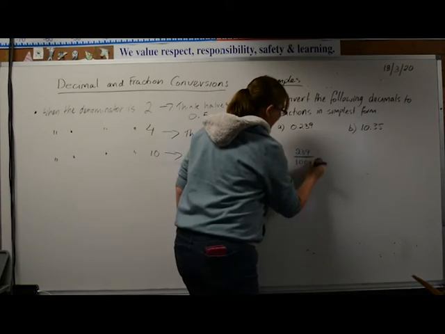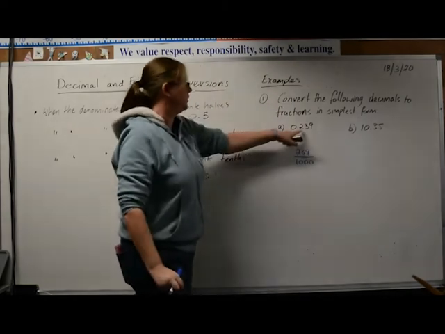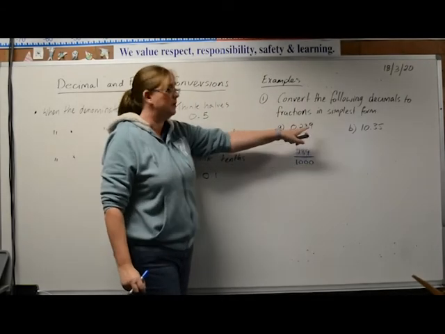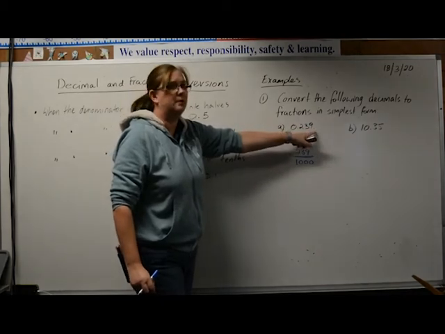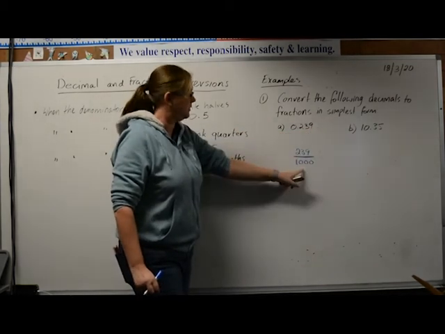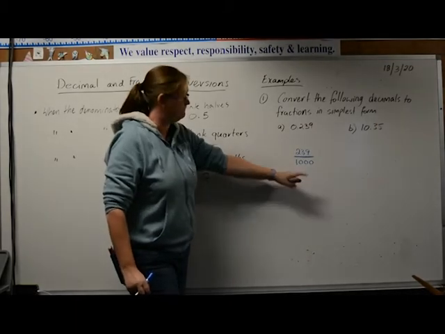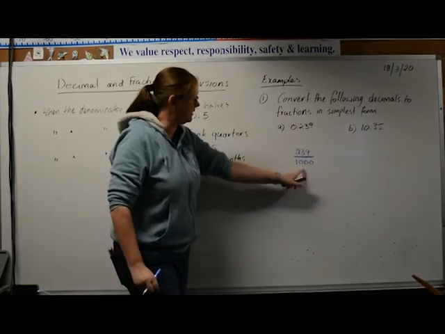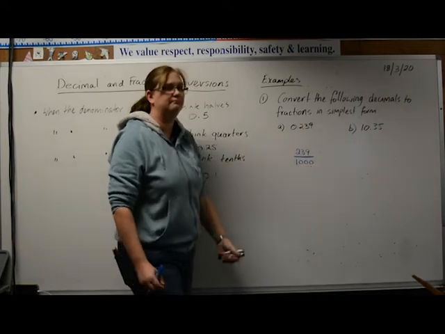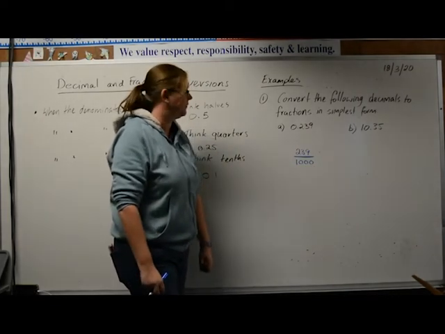Because we did that with place value the other day: tenths, hundredths, thousandths. 3 decimal places, 3 zeros. Makes that easy, doesn't it?